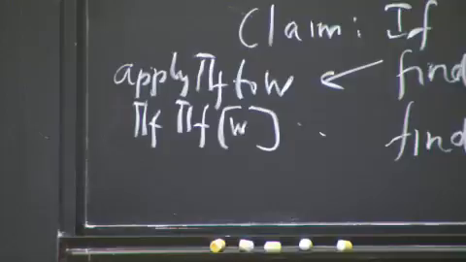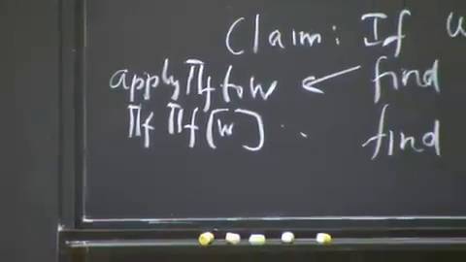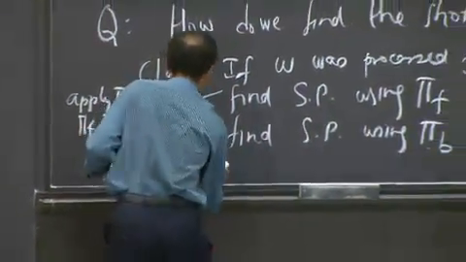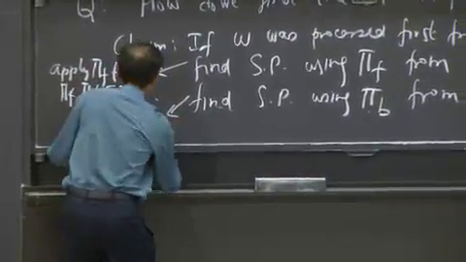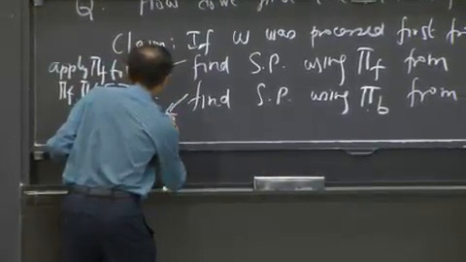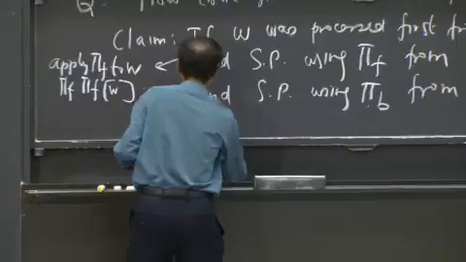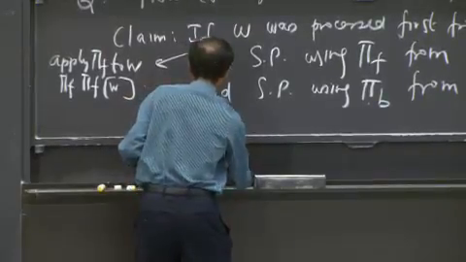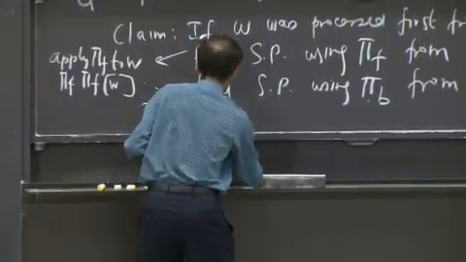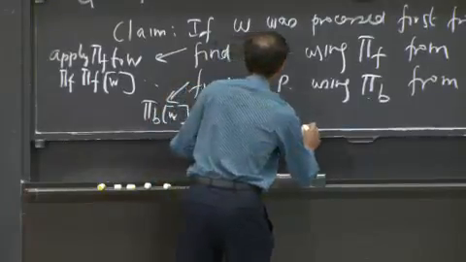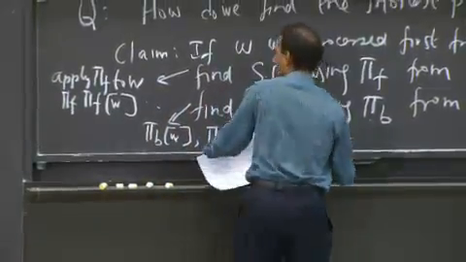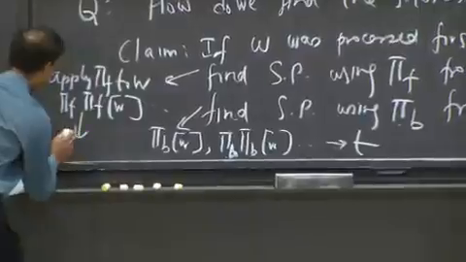People buy that, right? And what I want to do here is apply pi b to W, and then pi b to that, and so on and so forth till I get to T, right? And this one till I get to S, right?